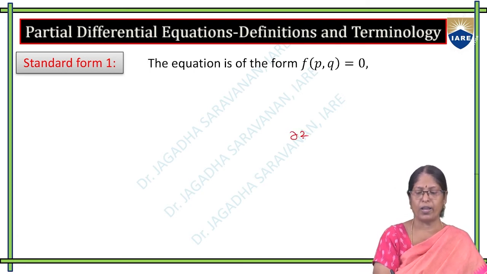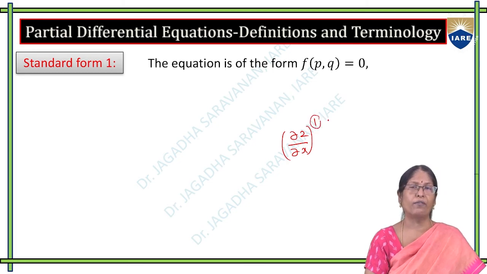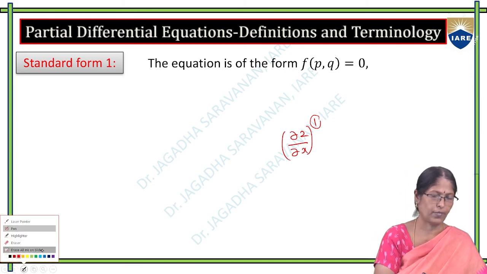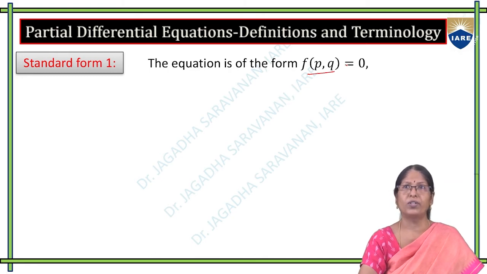Suppose del z by del x is there; this is first order and the degree is also 1. Suppose the degree is more than 1, then we will call it non-linear. Now here we can see the equation of the form f of p comma q equal to 0.